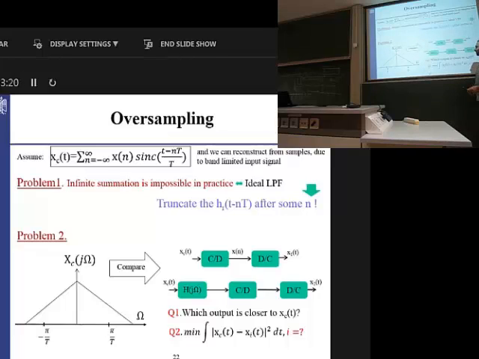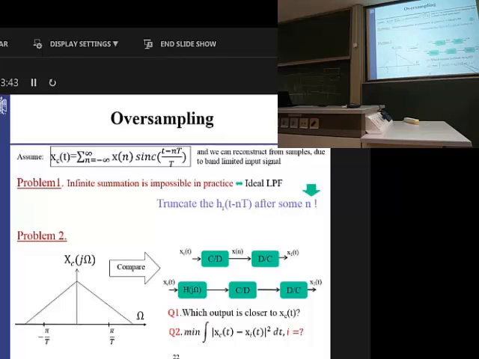Intuitively, this is the error. You have x_c as an input, and you have one of these, x1 or x2, in the output. So which one gives the minimum error? It's the energy of the error, actually.